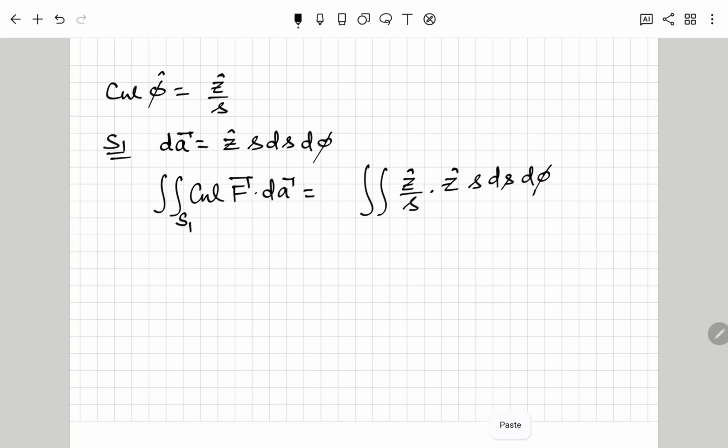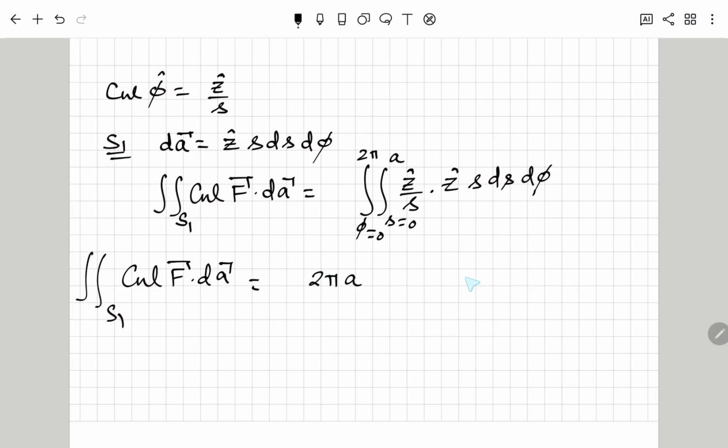And not to forget, our limits will go for S from 0 to A, the radius of the loop, and for the azimuthal variable phi, the limit is 0 to 2 pi. So the curl of f dot dA over the S1 surface is easy to see, 2 pi A, which is equal to the left hand side of the theorem which we just calculated.